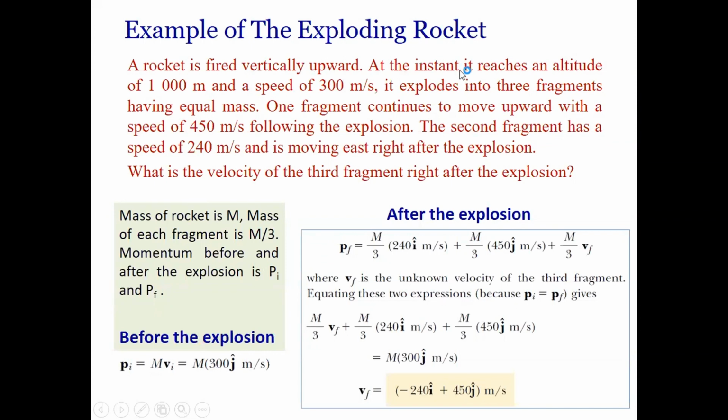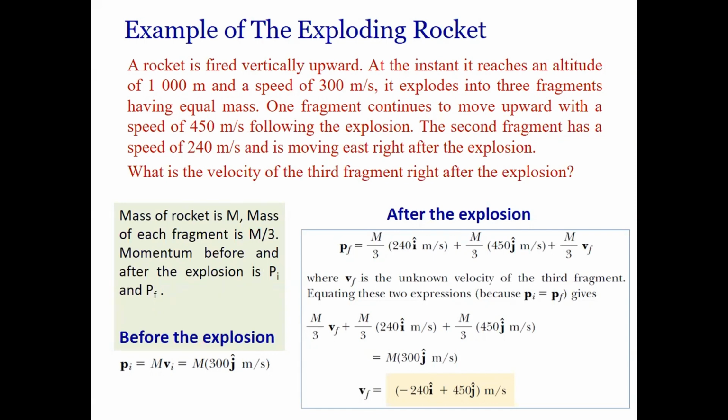At an instant, it reaches an altitude of 1000 meters and gains a speed of 300 meters per second. It explodes into three fragments having equal masses. Although this is a rare event, it happens.